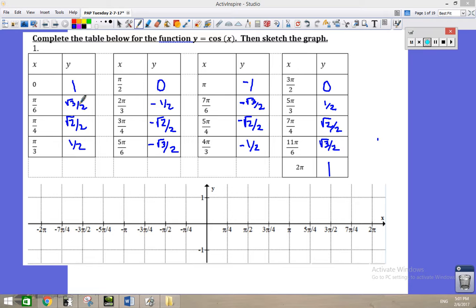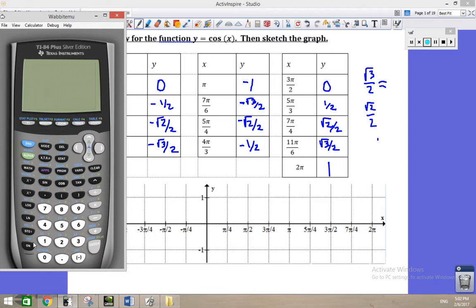Let's get a decimal approximation for radical 3 over 2 and for square root 2 over 2. I'll put it at 2 decimals, even though I won't be able to go really any better than 1 decimal.